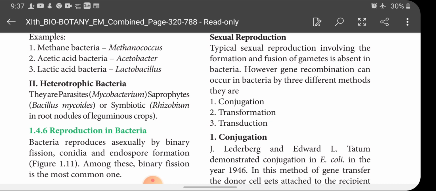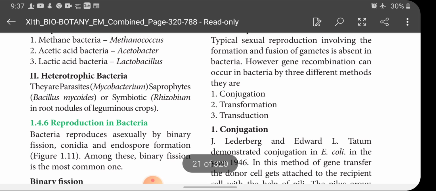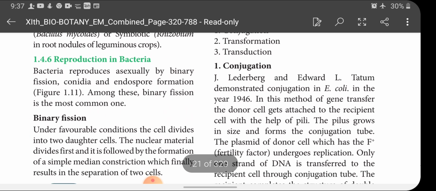There are three methods of gene recombination. One is conjugation, transformation, and transduction. What is conjugation? Lederberg and Edward L. Tatum demonstrated conjugation of E. coli in the year 1946. In this method of gene transfer, the donor cell gets attached to the recipient cell with the help of pili.